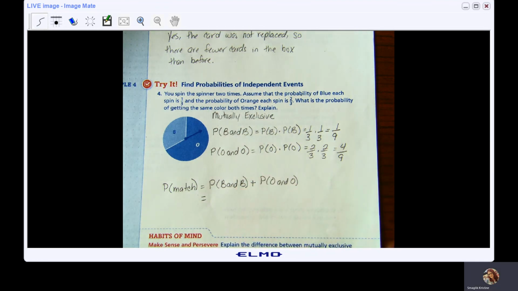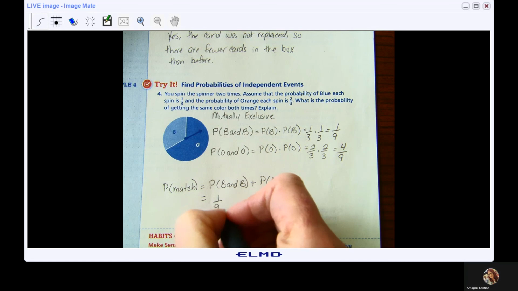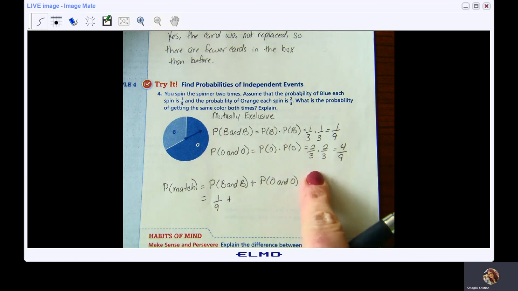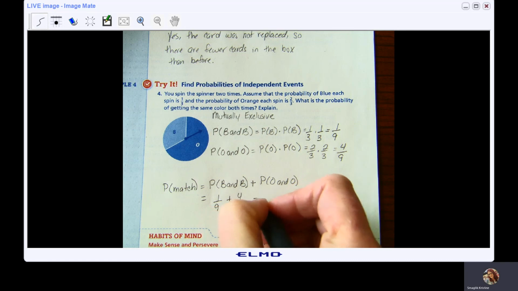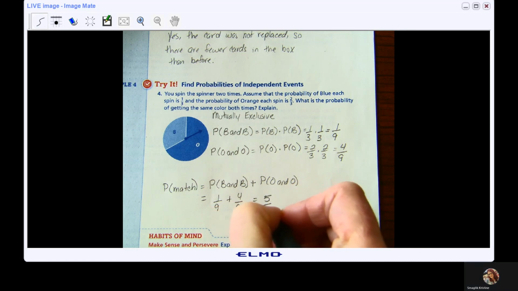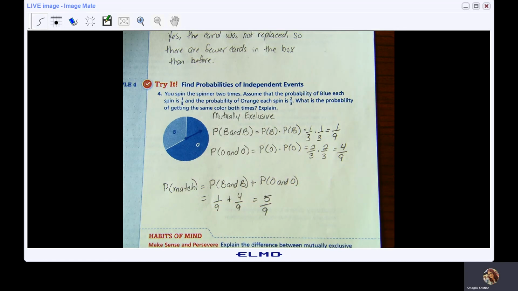Probability of blue and blue was 1/9. Probability of orange and orange was 4/9. So there is a probability of 5/9.